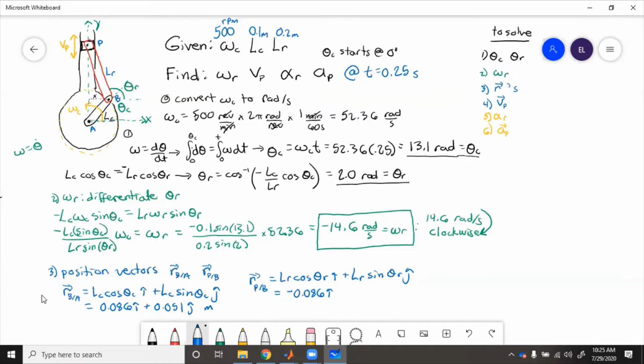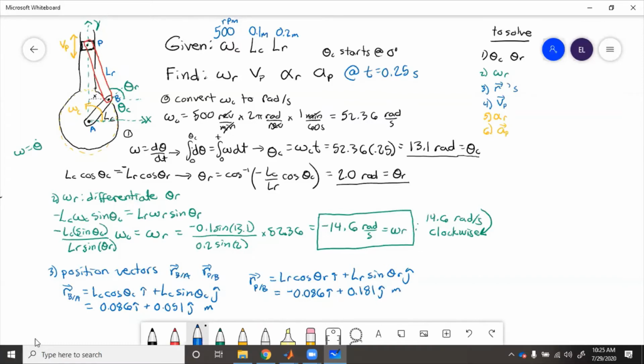So the negative 0.086 and the positive 0.086 have the same magnitude, opposite directions. Good. And then plus 0.181 J hat meters.